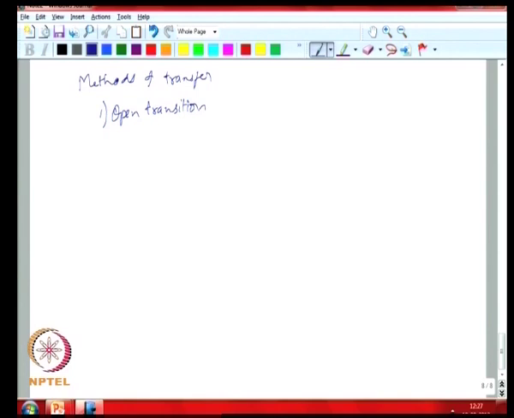In open transition, essentially it means that to transfer from one source to the other, first you open both the switches and then wait for a small delay to ensure that the switches are perfectly open. Then you turn on the switch to which you want to transfer to. Okay. So, here you are having a break before make operation. And here the delays can be longer, and the poorer voltage would be seen by the load for a longer duration. Okay.